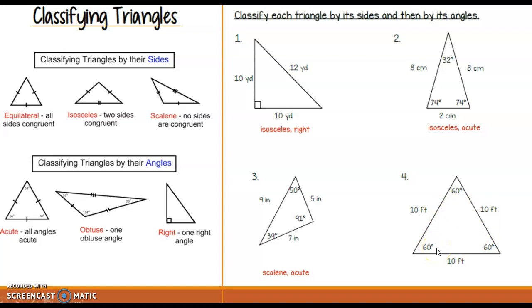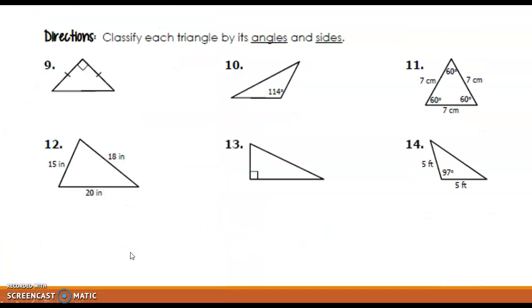Notice that there's 60-degree angles. They have to all be 60, or else it won't add up to 180. Look at that. So this one is an equilateral and it's an acute because all of them are 60. All right, your turn. You try to classify each one.